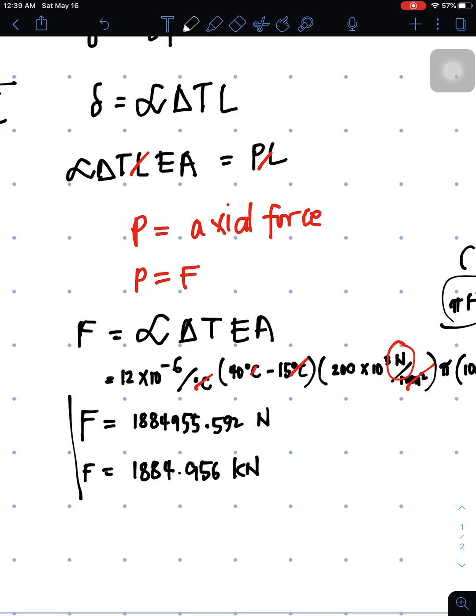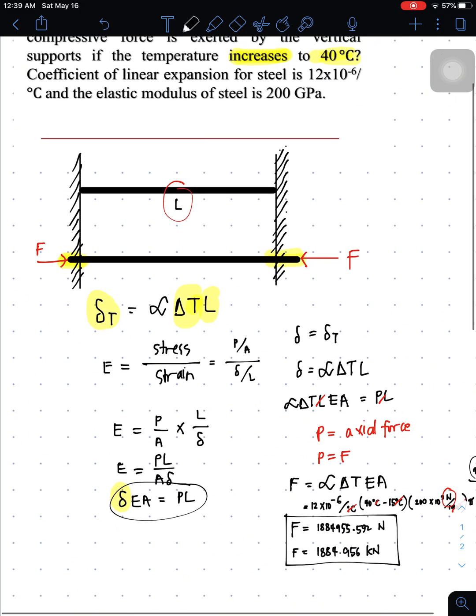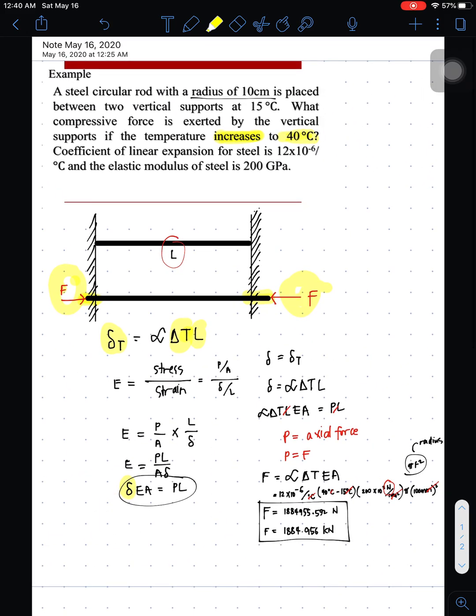And this is our final answer. The compressive force F that pushes the material so that it does not lengthen. That's our example number 1.